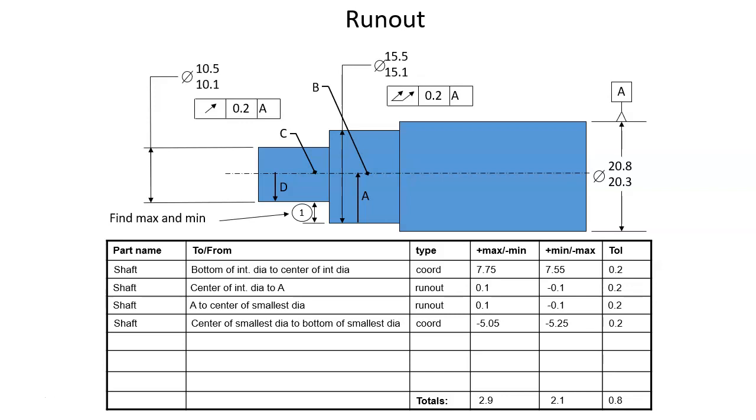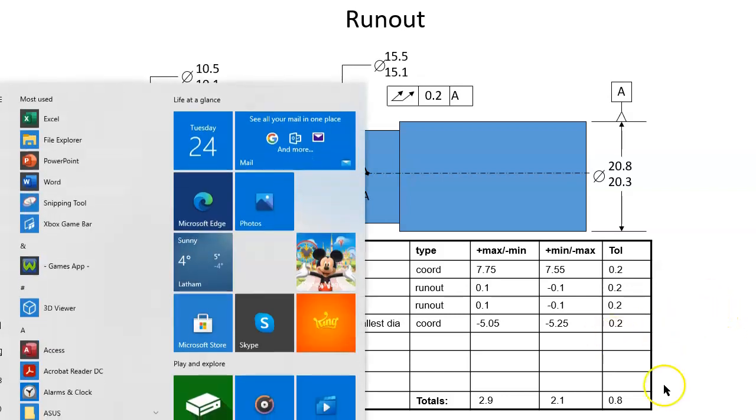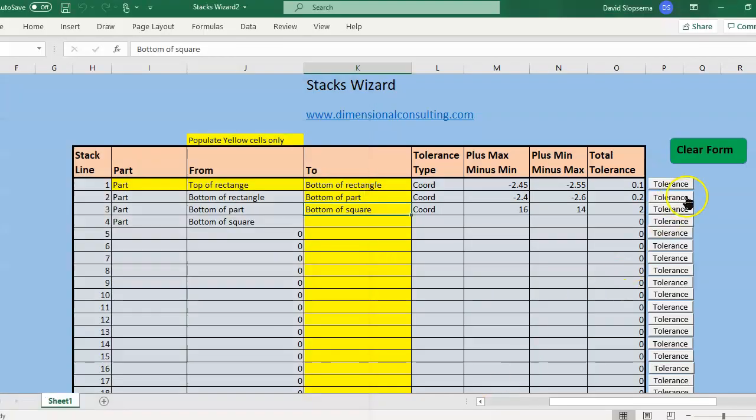So once again, let's see how to do that with the stacks wizard. First thing we're going to do is erase our previous stack. Now, since this is an Excel spreadsheet, if you're doing this stack for some production parts, you would save it off and save it with some name that you recognize because it's just an Excel spreadsheet.